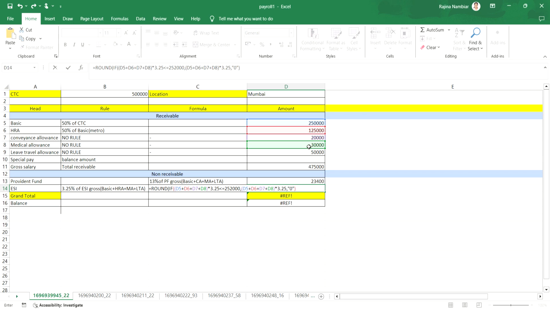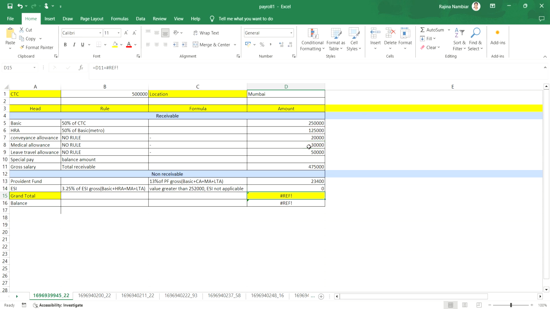Let's use the bracket to form a round off condition. So this value is 0.